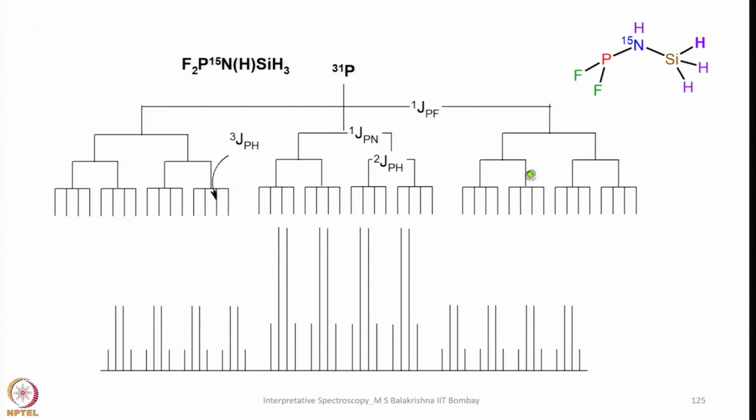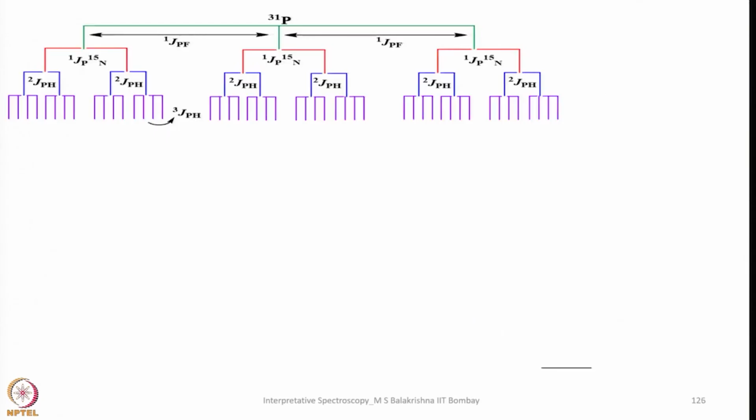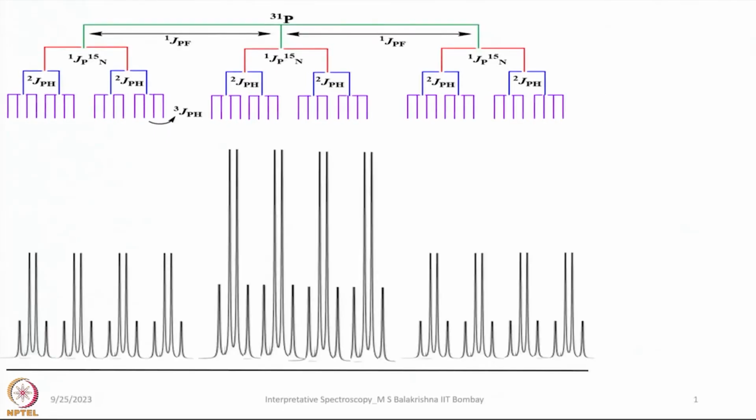Then each line will be split by the SiH3 hydrogens into a quartet. We have 48 lines, and the corresponding spectrum would look like this. Very interesting molecule, right? And the spectrum looks wonderful.